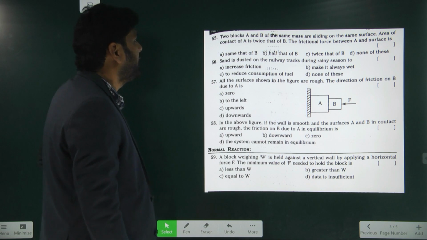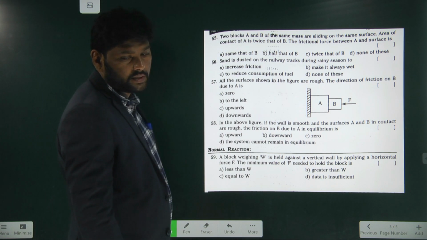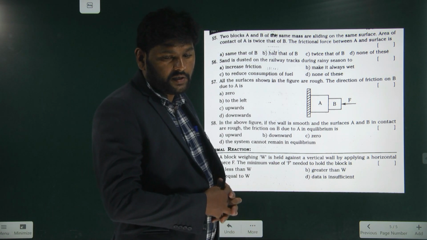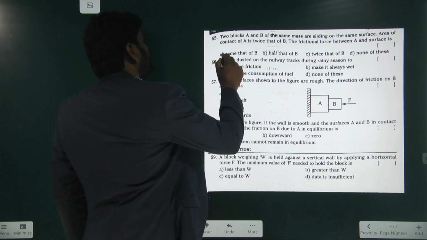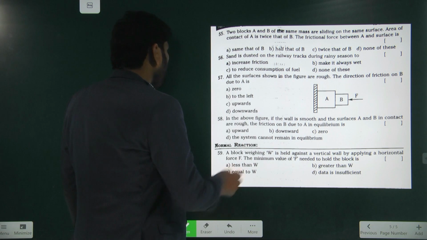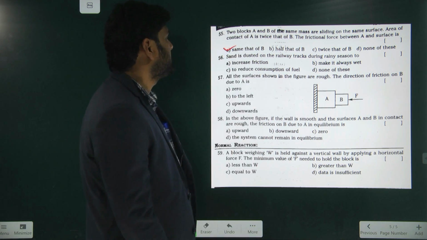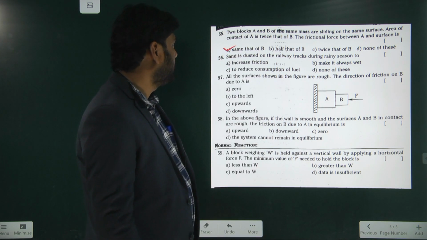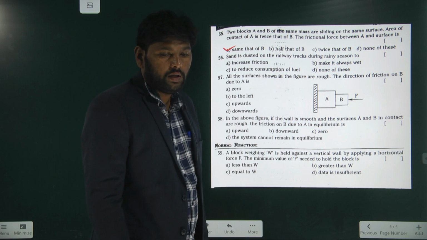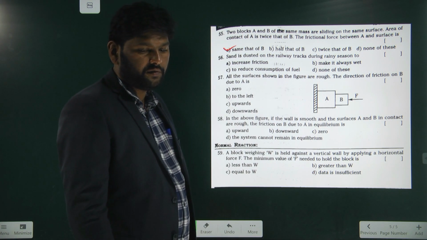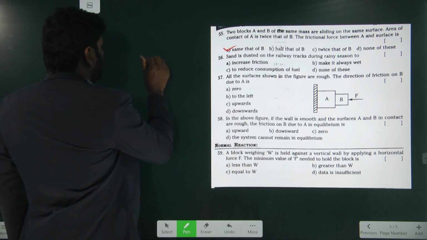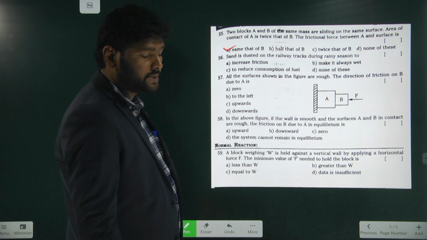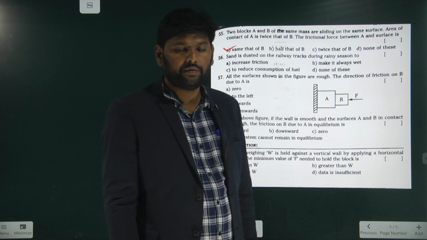Look here, the friction force does not depend upon the area of contact. So what is the answer? Same as that of B, because friction does not depend upon the area of contact.